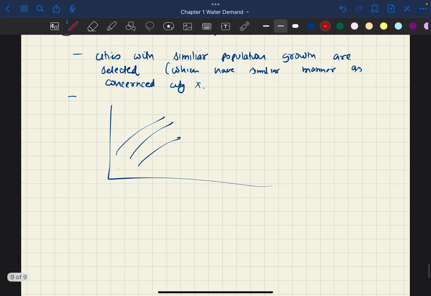So when we superimpose, say this is the mean which we get, and this is used for forecasting the population of city X. So we get this growth rate from those cities.